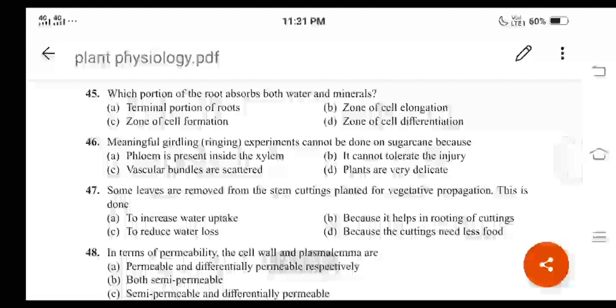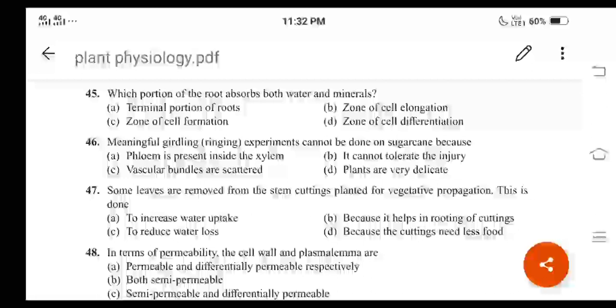This is done, and the options are: to increase water uptake; because it helps in rooting of cuttings; to reduce water loss; because the cuttings need less food. For question number 47, option C is the correct answer. To reduce the water loss, some leaves are removed from the stem cuttings planted for vegetative propagation.